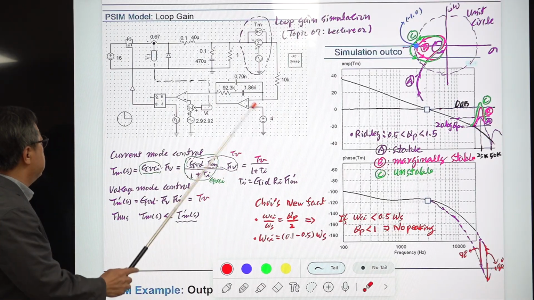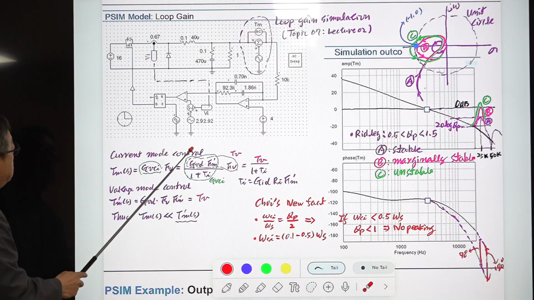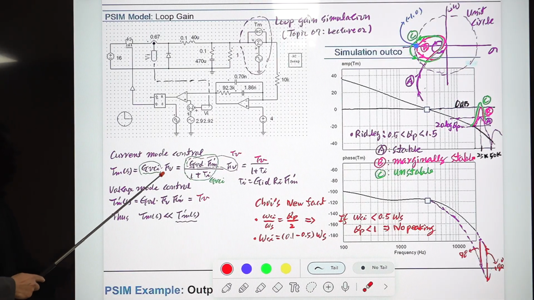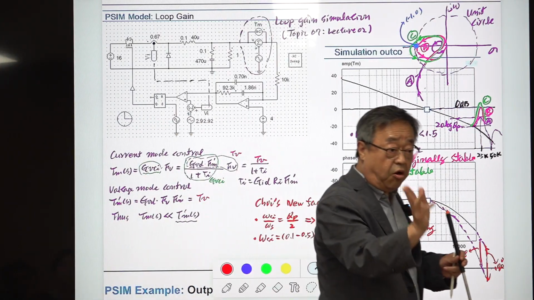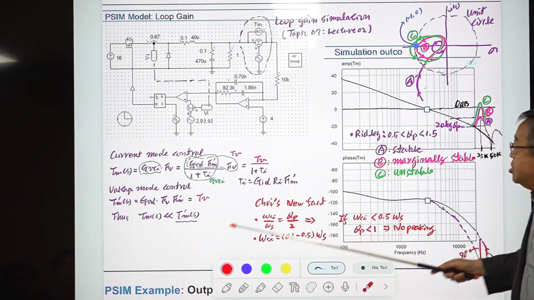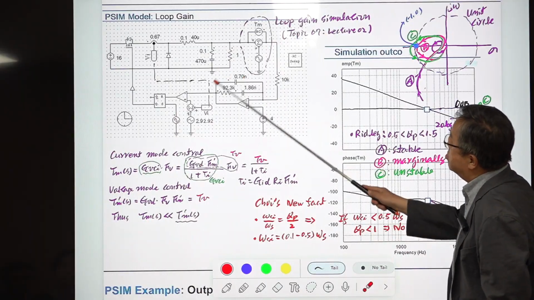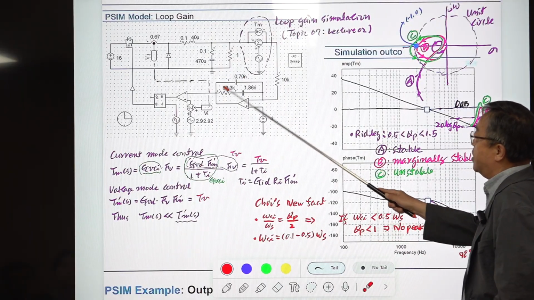This shows the loop gain equation with current mode control. So loop gain is this one. GVCI is the control-to-output transfer function with the internal current loop closed, times FB, the transfer function of this voltage feedback circuit.